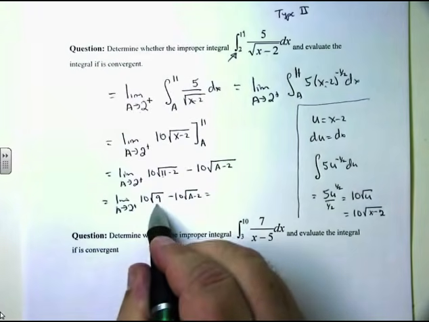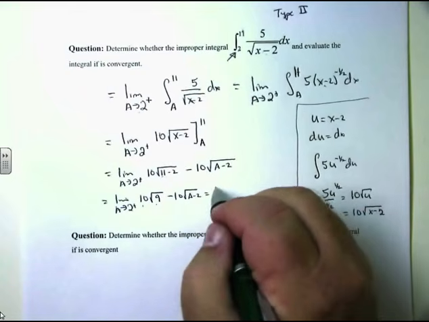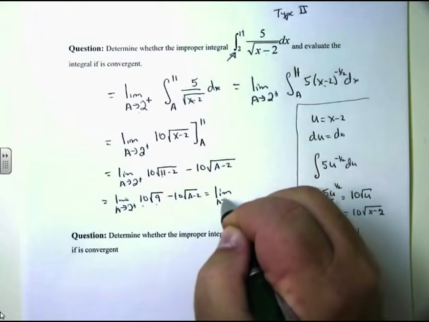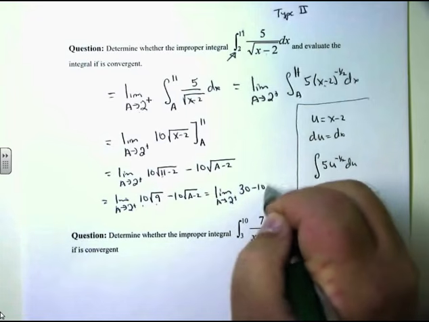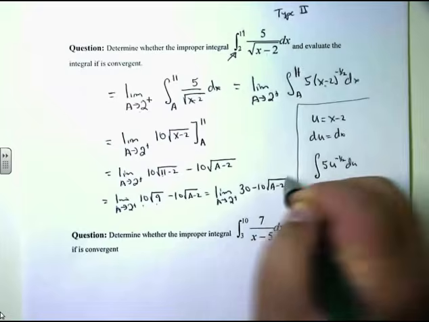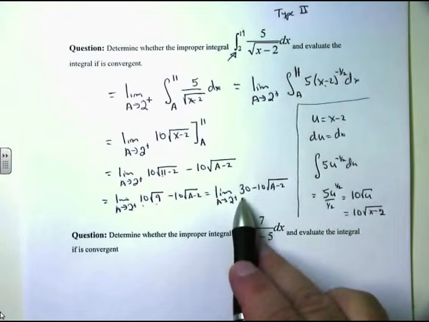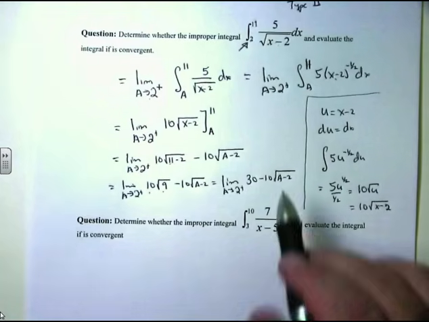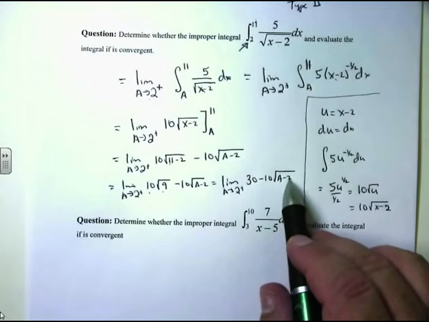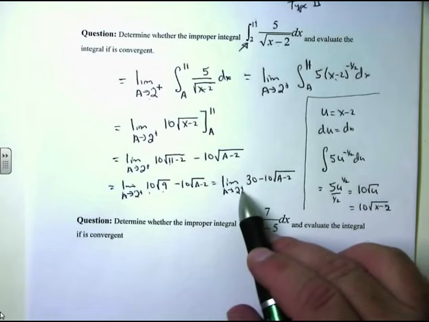Well, the square root of 9 is 3 times 10 is 30, so this is equal to the limit as a approaches 2 from the plus side of 30 minus 10 square root of a minus 2. So I did all this work just to clean up my number, but now the last thing I've got to do is take the limit as a approaches 2 from the plus side of 30 minus 10 square root of a minus 2. Well, first rule of limits, plug in a number.